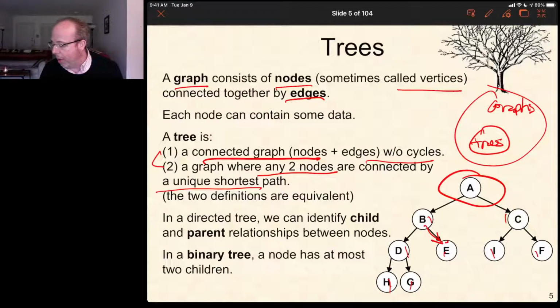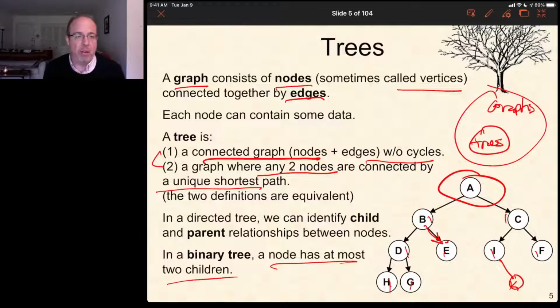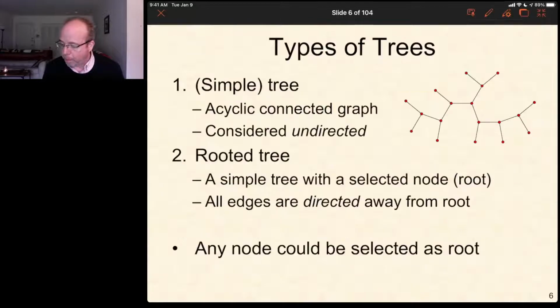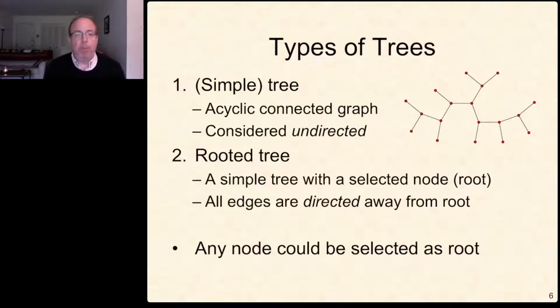And even if there was another node, K, this would still be a binary tree because I has 1 child and it's at most 2 children. So we're allowed to have 0, 1, or 2 children at any node. There are simple trees where any acyclic connected graph, an acyclic is just a graph without a cycle.